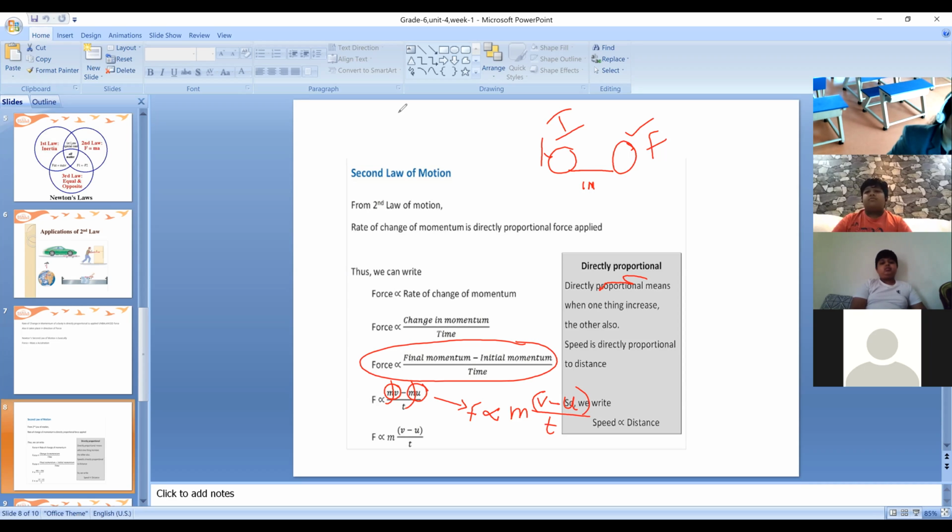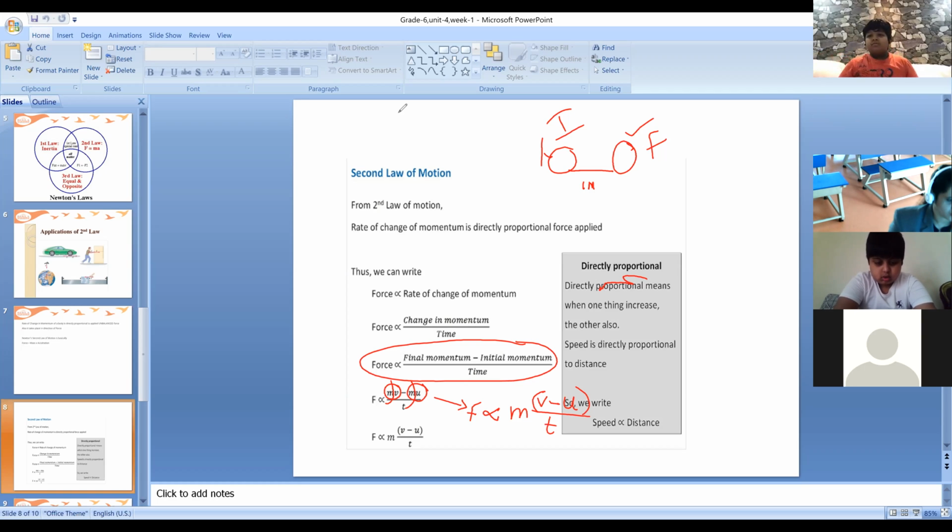Final momentum, if it is given, and initial momentum, you have to find out. I'll show you examples of how you'll get the problems in this. So this was about the second law of motion. Depending upon this formula, we have to do the problems. Then I'll explain the third law of motion.